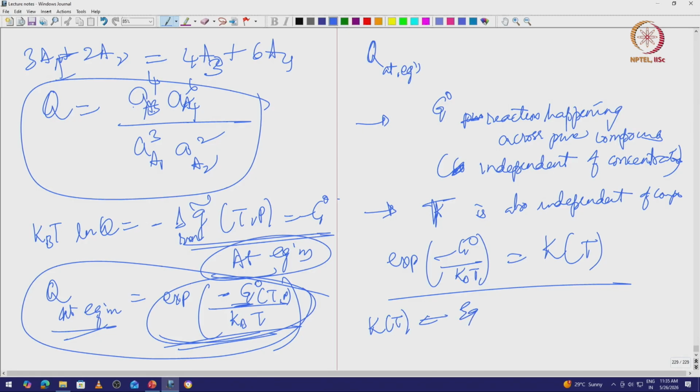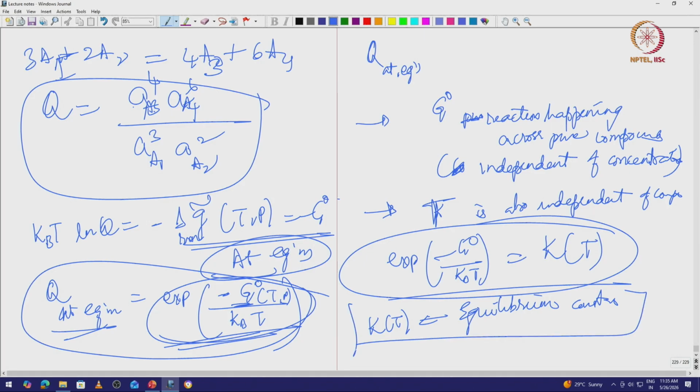So now be careful: K is this quantity, exponential of minus G naught by kBT, and K just defines for me where equilibrium can exist, whereas Q, the way we defined it, can be defined even away from equilibrium. So it is not necessary, although I have derived this at equilibrium, right.